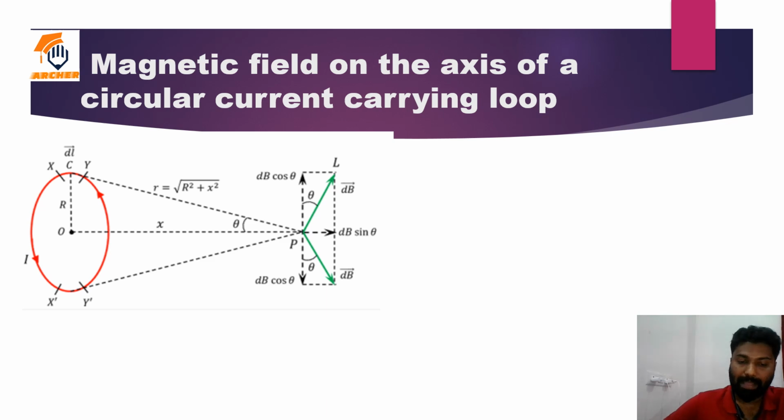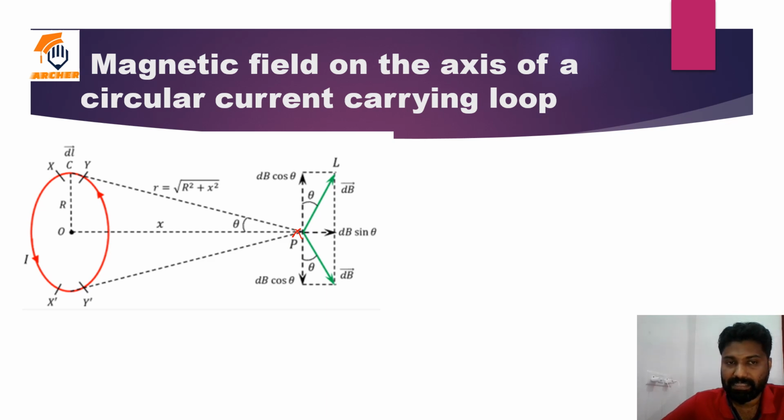So to find the magnetic field at an axial point P, this is the axial point P, here we are considering the point P at a distance x from the center O. In order to find the field here, we are considering a small elemental section.